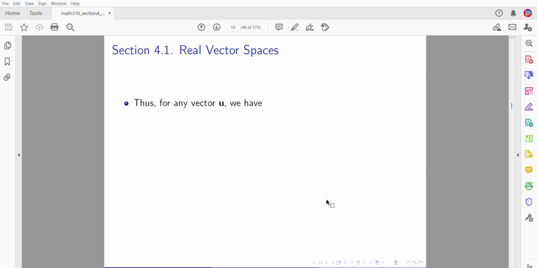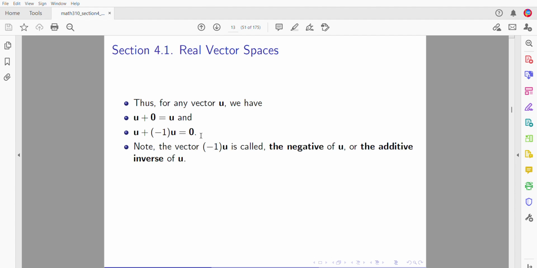Thus, for any vector u, we have u plus the 0 vector is u. u plus negative 1 times u is 0. Negative 1 times u is called the negative of u or the additive inverse of u.